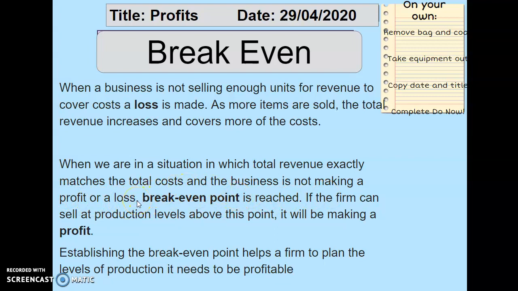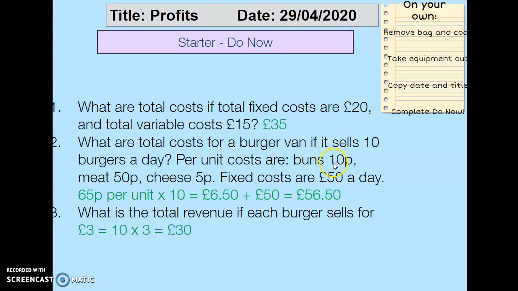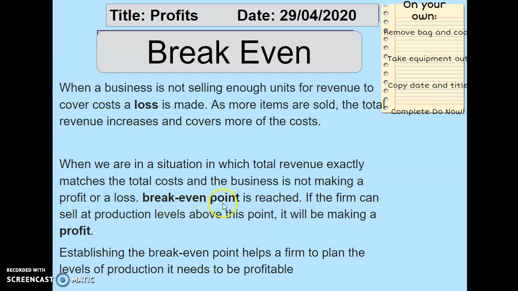There's an extra full stop there that shouldn't be there, but basically what this means is that if our total costs were 56.50, and let's imagine that the revenue here was also 56.50, okay? So costs are identical, equal to our total revenue. If these were together, then we would say that we have reached what business people call a break-even point, okay?